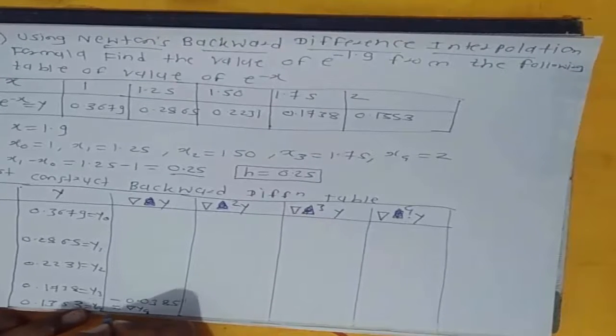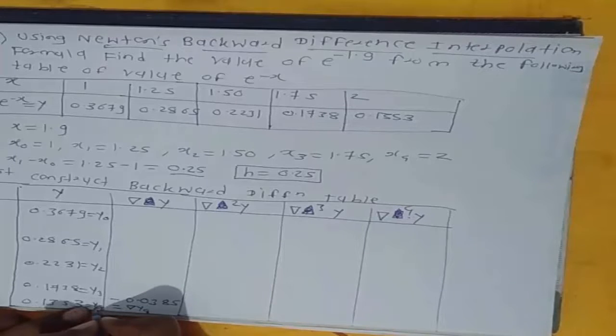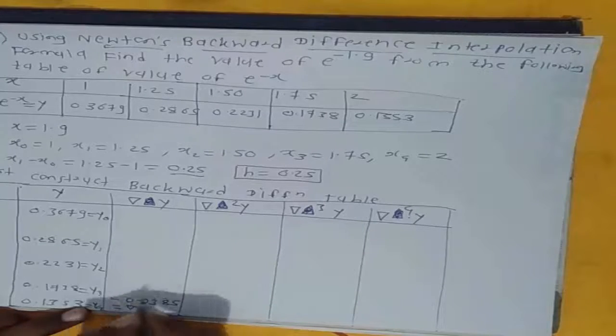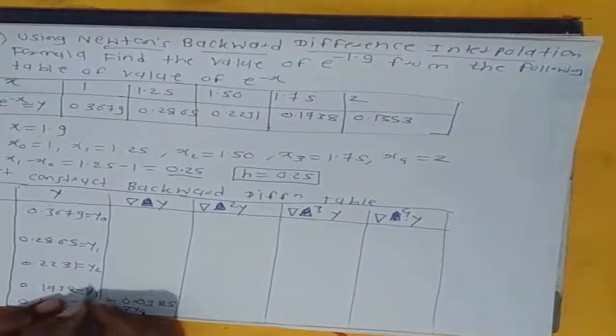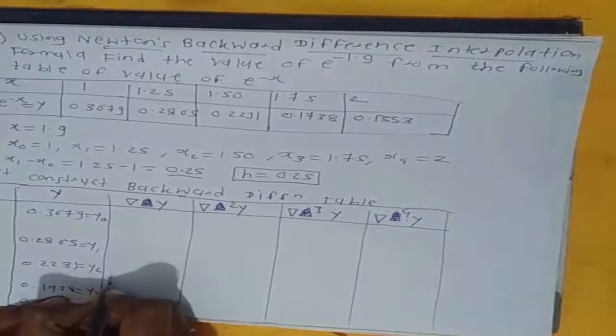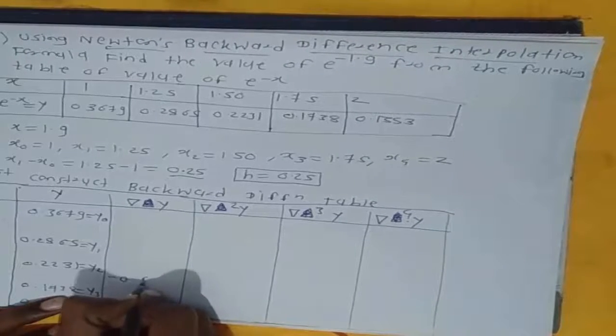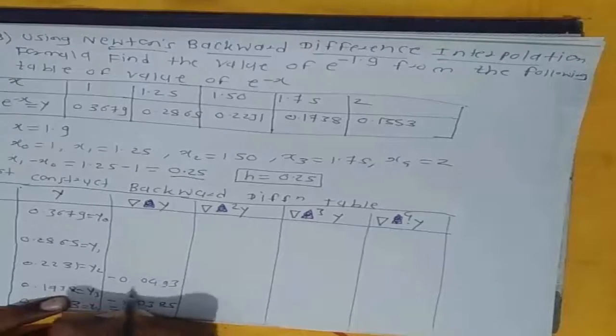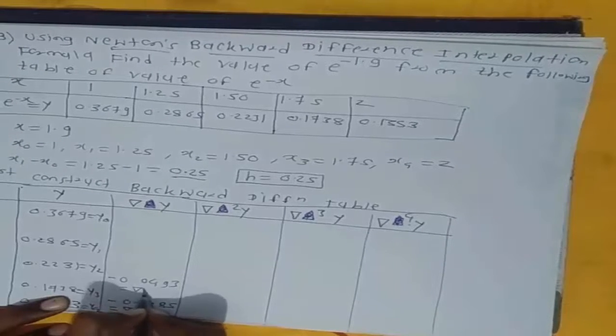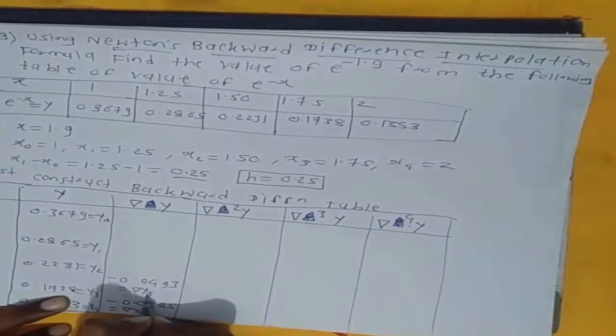For forward differences this would be delta of y3, but here we take backward differences, so we write it as del y4. Then y3 minus y2 gives minus 0.0493, that is del y3.